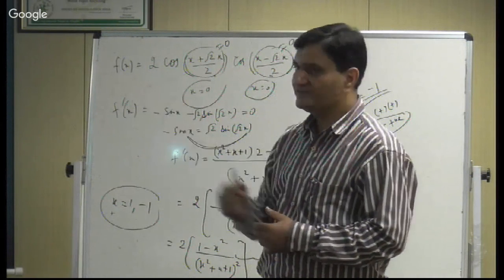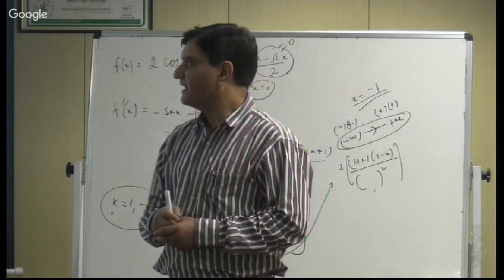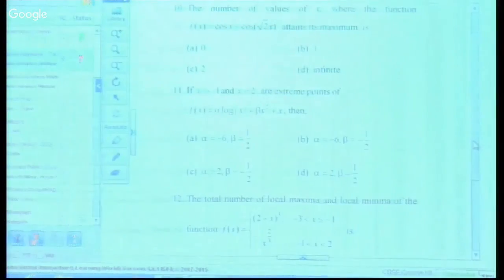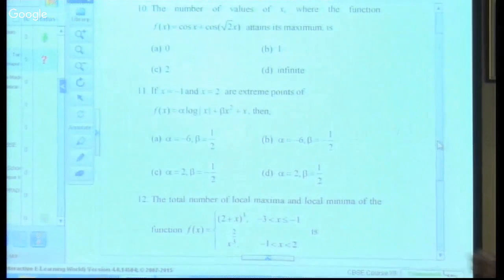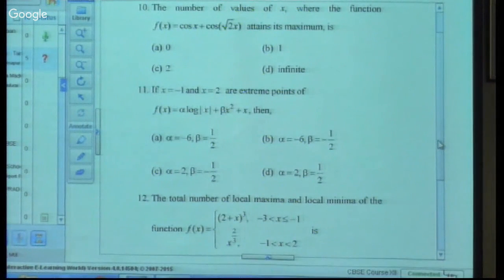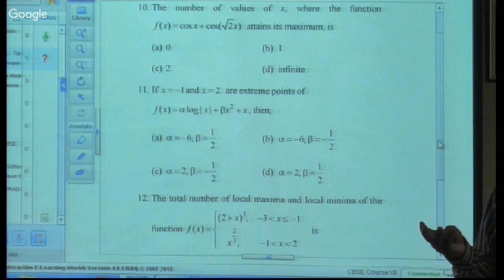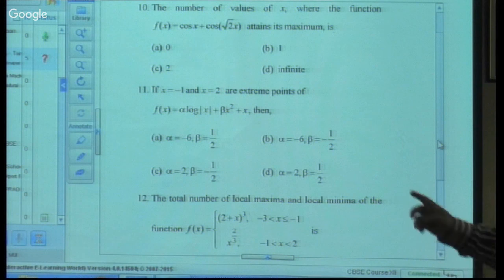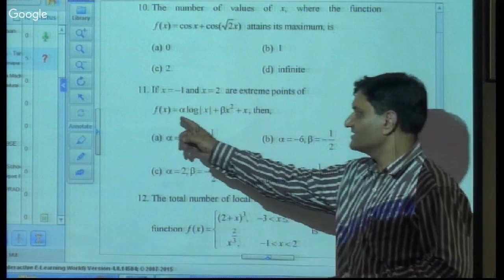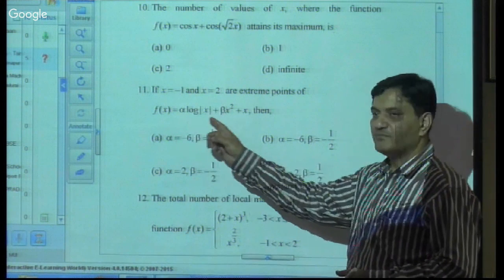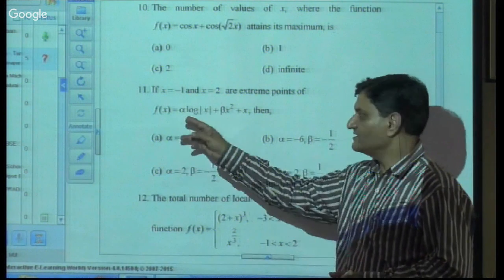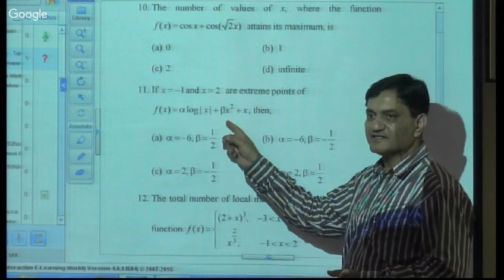And finally, 11th: x equal to minus 1 and x equal to 2 are extreme points of this function, f(x) is equal to alpha log x plus beta x square plus x. Then which one of them is correct? Now extreme points means what? Extreme points means the derivative will be 0. So you find the derivative f dash x, which is alpha by x (log mod x gives alpha by x) plus 2 beta x plus 1.